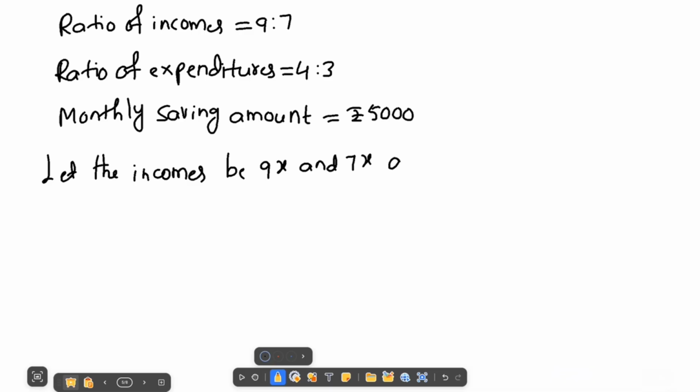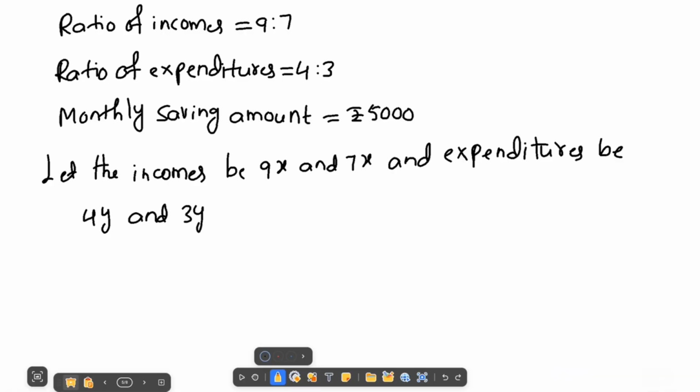The expenditure ratio is 4 is to 3, right? If you take y as the highest common factor, then the expenditures will be 4y and 3y. Now each of them will save rupees 5,000, right?